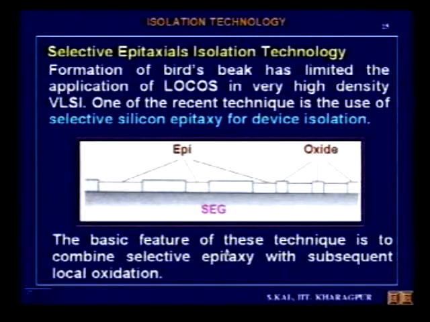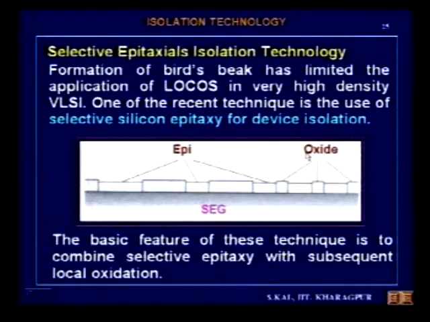The basic feature of this technique is to combine selective epitaxy with subsequent local oxidation. So this is the local oxidation, this is the selective growth. These combined will give you the selective silicon epitaxial isolation technology. Okay.